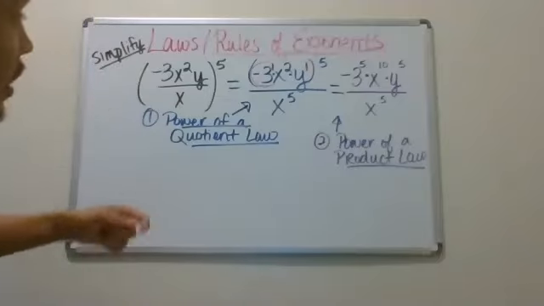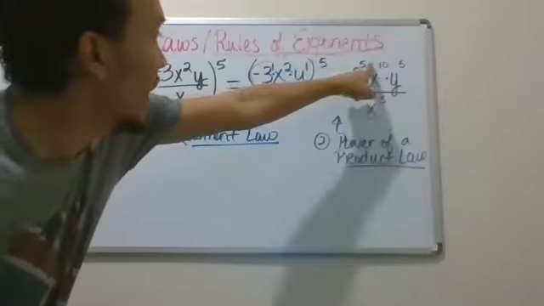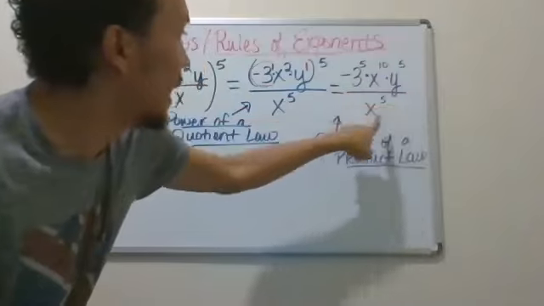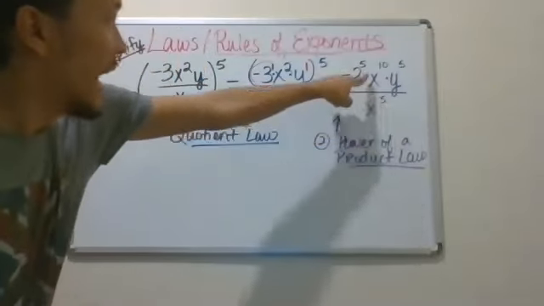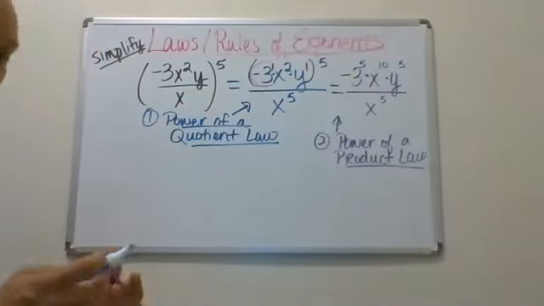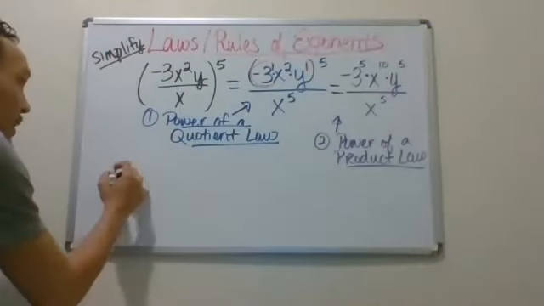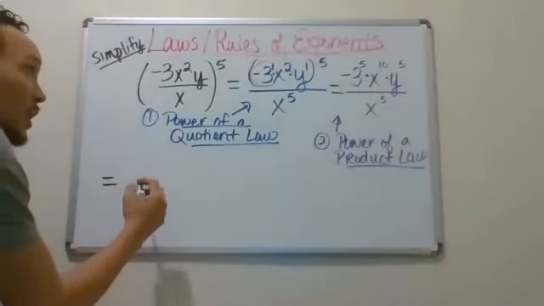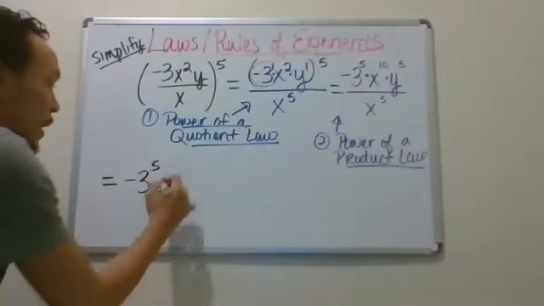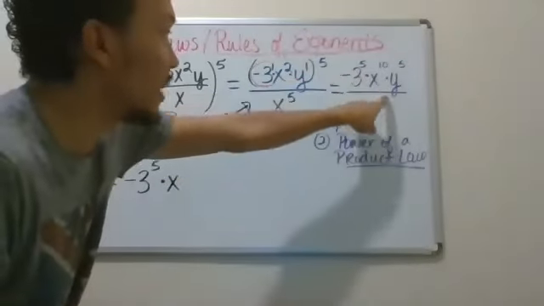Okay, so now we have here -3 raised to the 5th power times x to the 10th times y to the 5th being divided by x to the 5th. Well, we now have common bases in both the numerator and the denominator. So now we have to simplify that. We're going to utilize the quotient law there. So we're going to have -3 raised to the 5th times x to the, for quotient law, we subtract the exponents.